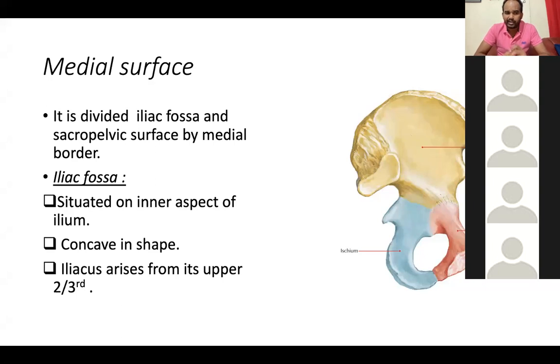Is it convex or concave? Concave. And not only that, this iliac fossa will give origin to a muscle which is called iliacus. Is it clear? This is about the iliac fossa.